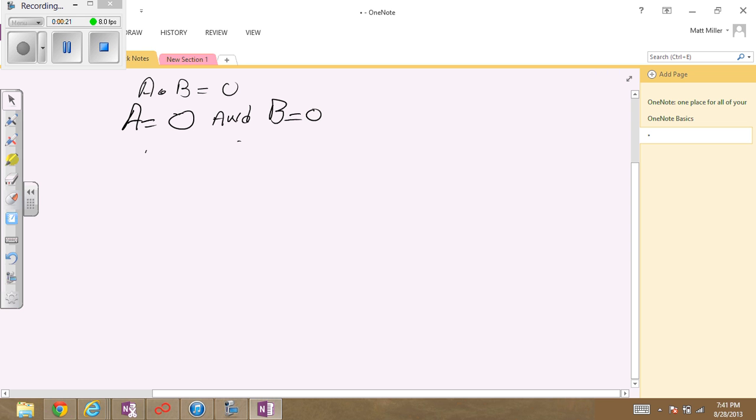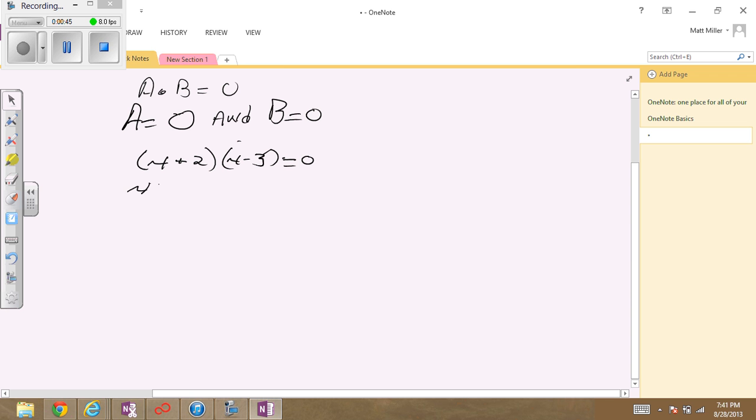Algebraically, two things might be two binomials, x plus 2 times x minus 3, equaling 0. Now, these are two things, just like A and B. So the temptation would be to multiply those out with FOIL. But there's no need, because it's already the product of two things.